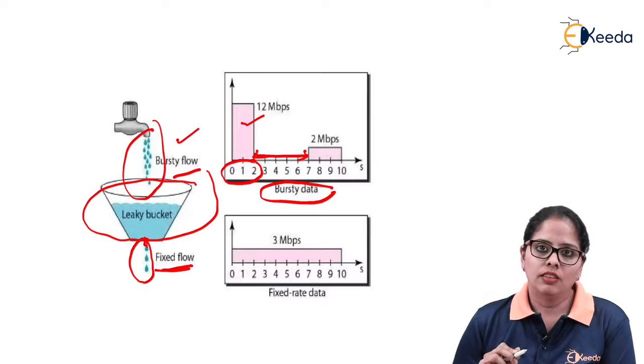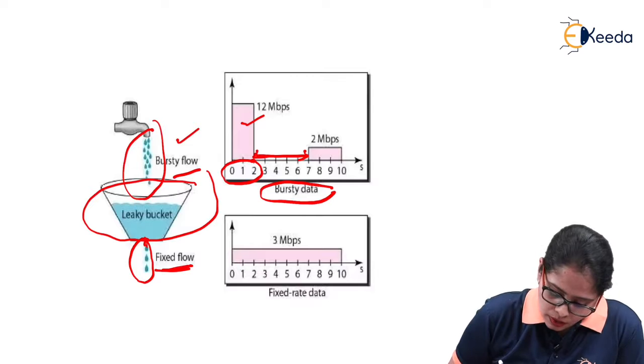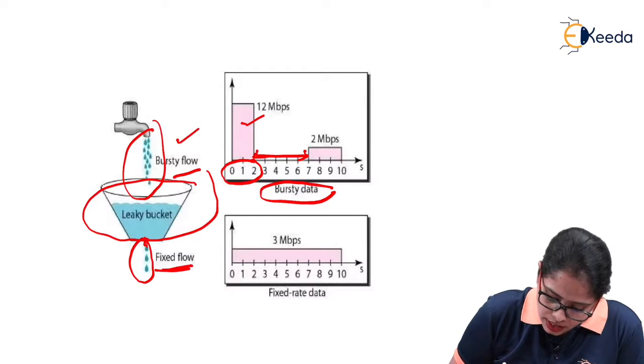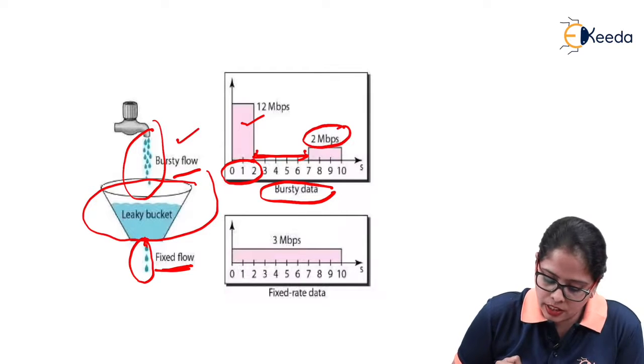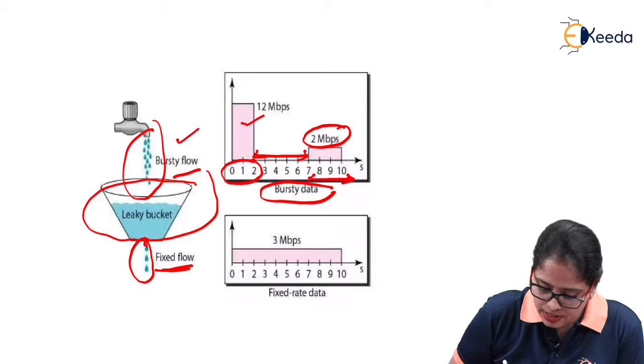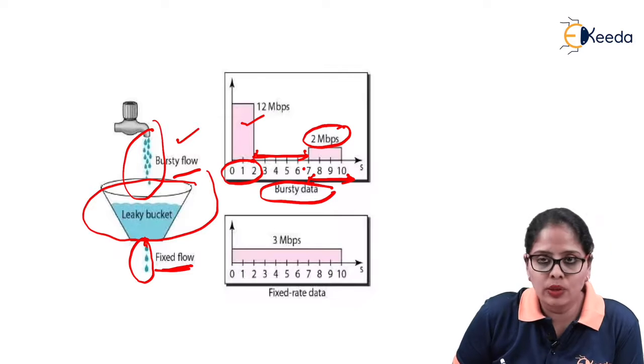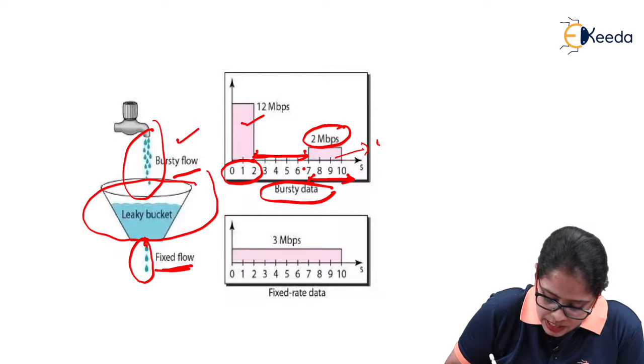So now see here, for the next 2 seconds he sent data at 12 Mbps, and for the next 3 seconds, from 7 to 10, combined it is 3 seconds at 2 Mbps.